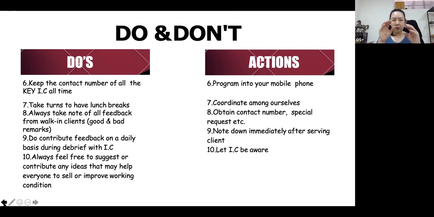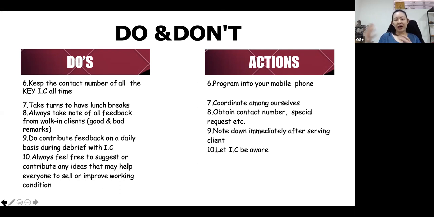Then put it into your Excel list, like I shared in the earlier sharing, and put them into different categories, so that in future, when we have a new project, you can use it.